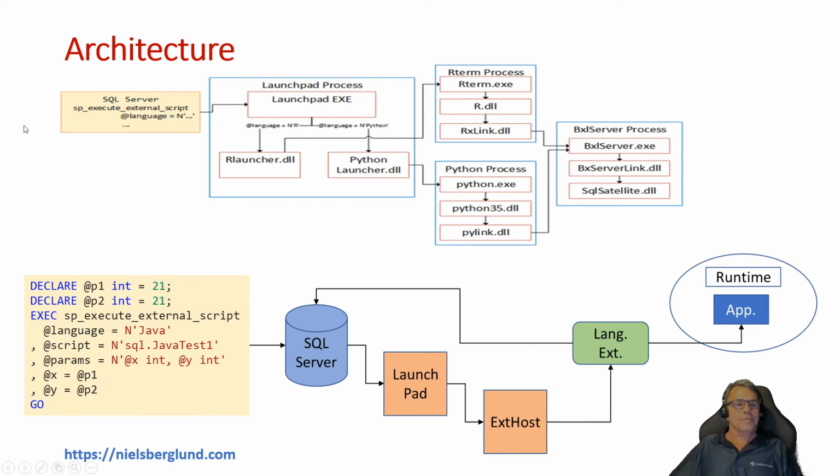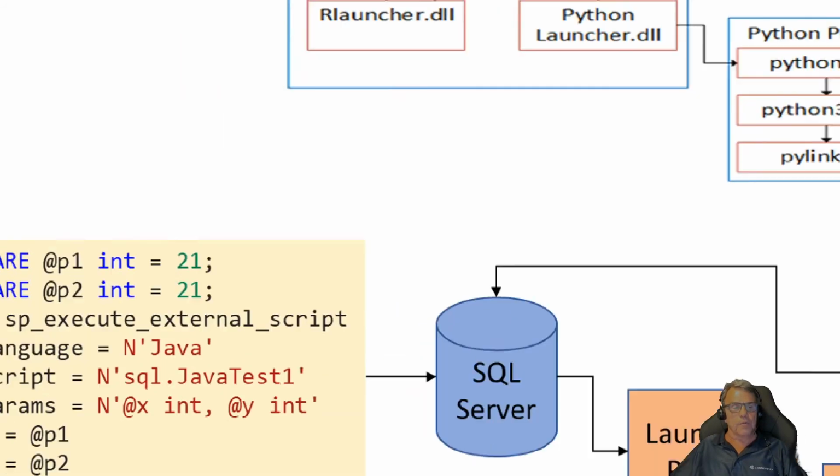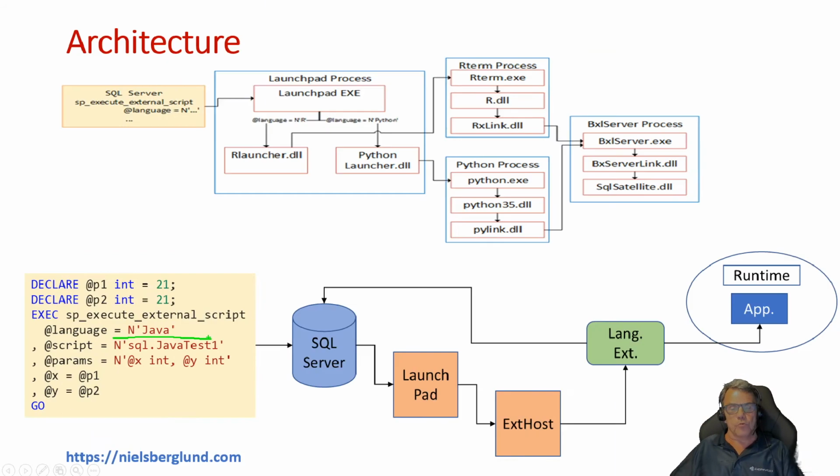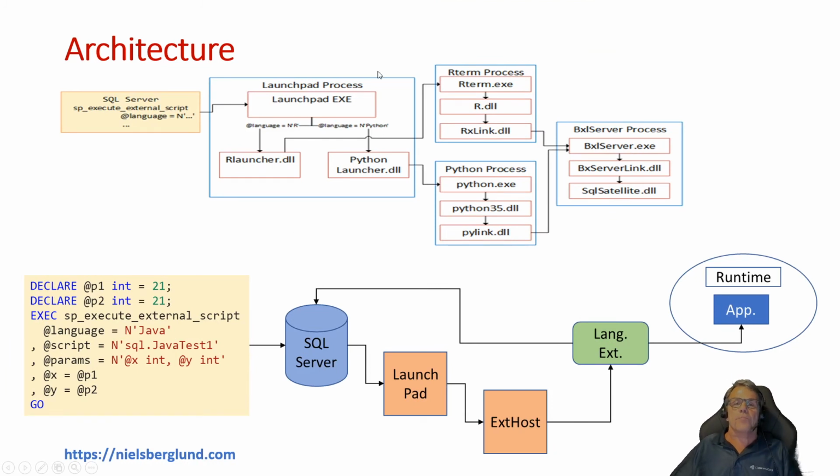When we execute this execute external script, as you can see down here at the bottom, we define what language we want to use. Based upon that, this Launchpad service routes what we are executing to something that will spin up either our Python or this external runtime, in this case Java.